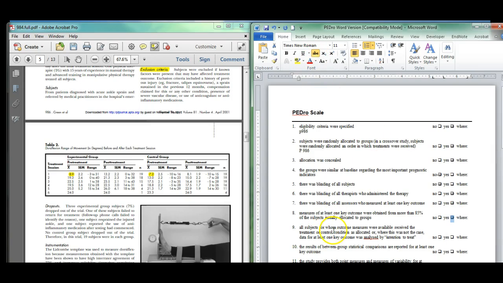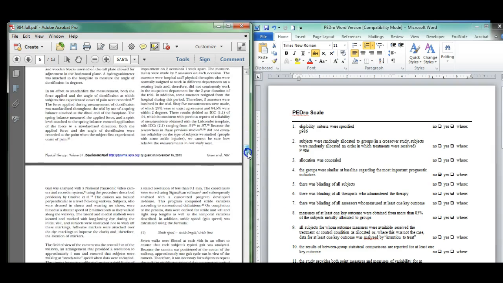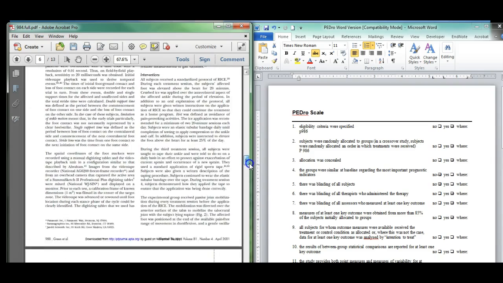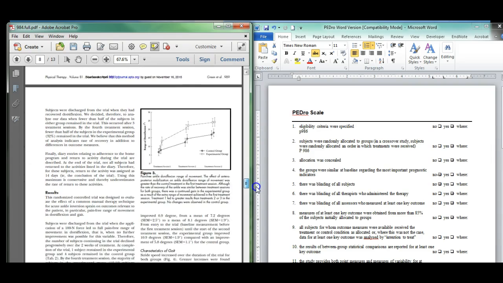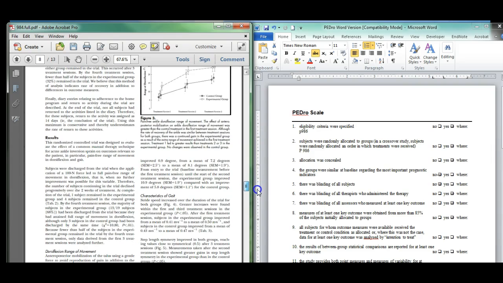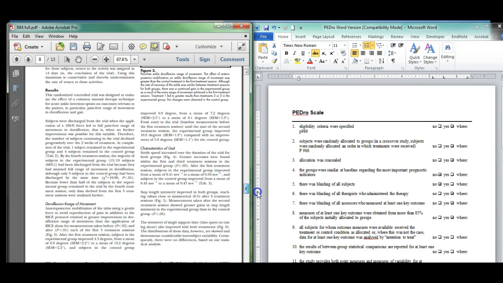All subjects for whom outcome measures were available received the treatment or control condition. And so, yes, and when you go into the results section of the study, what you're looking for is whether or not you had any dropouts, and whether or not they report those dropouts either within the results or within the table itself.